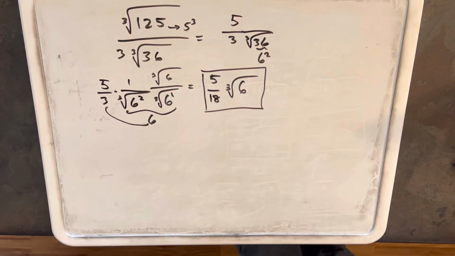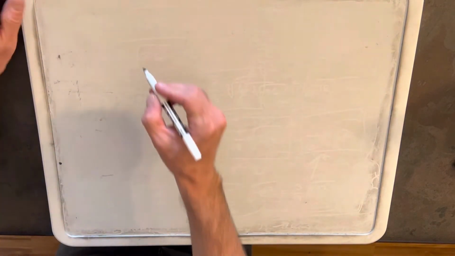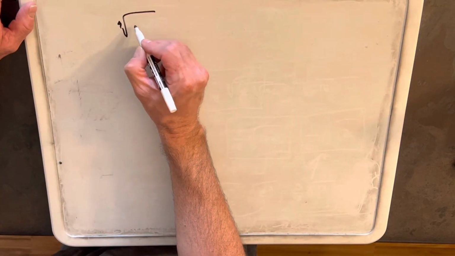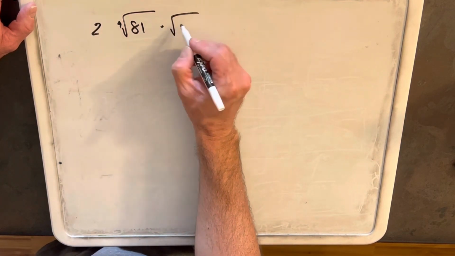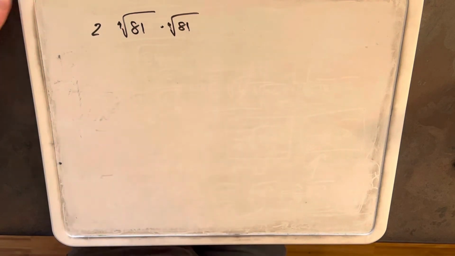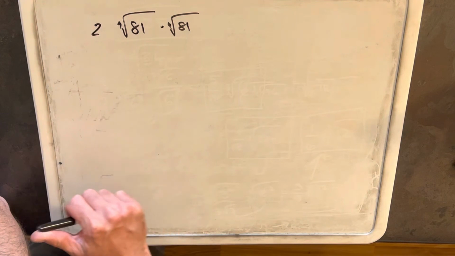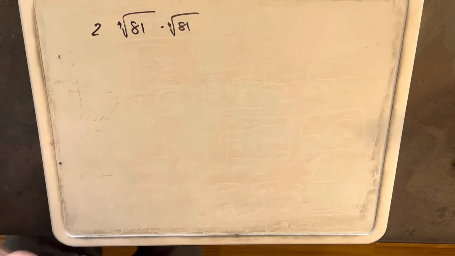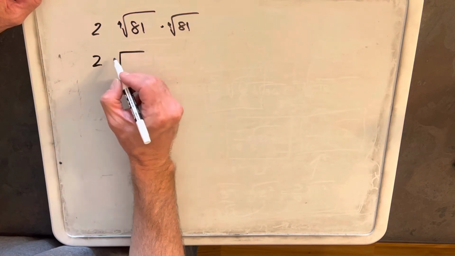Let's see how we did. Okay, we have, for the next one, 2 times the 4th root of 81. We could do this a couple ways. I think what I want to do, let's actually square it.